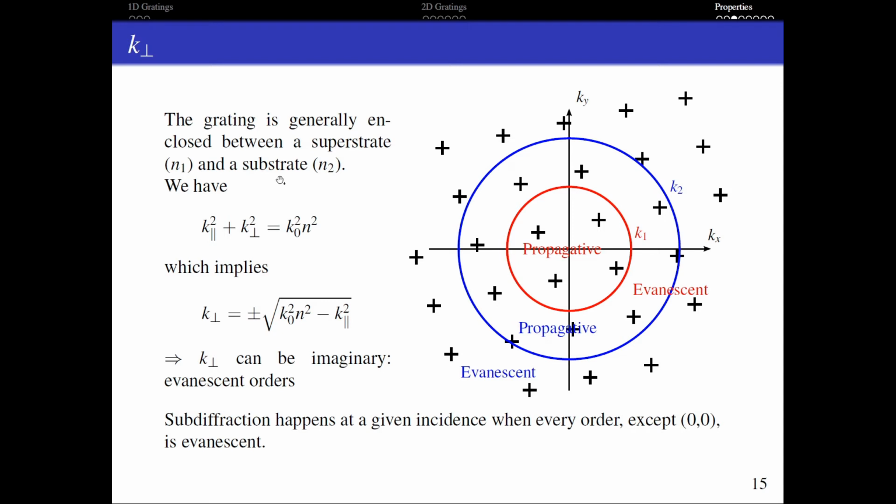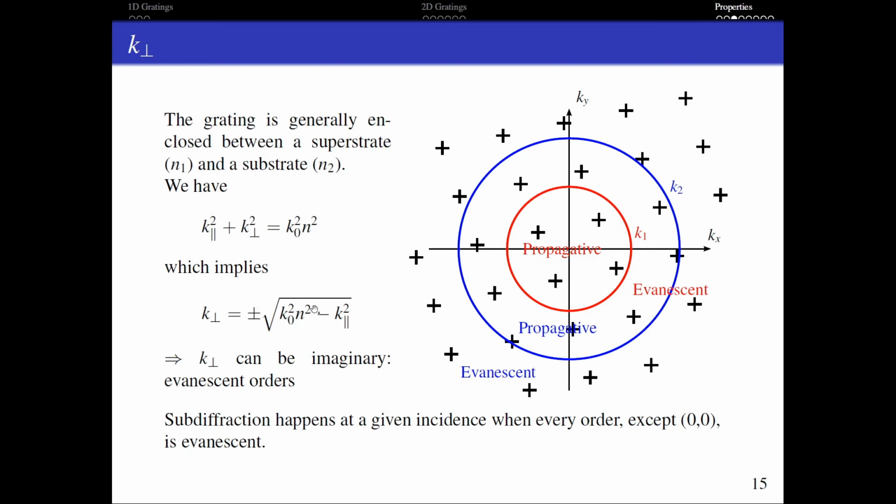We know that in any medium we need to have this equation obeyed, that is the three components of the k vector are going to be related based on this, that is the k0, that is the k in free space, multiplied by the refractive index, you square everything, and you have this equation. But now this means that the perpendicular component of the k vector is going to be written as a square root of all this stuff.